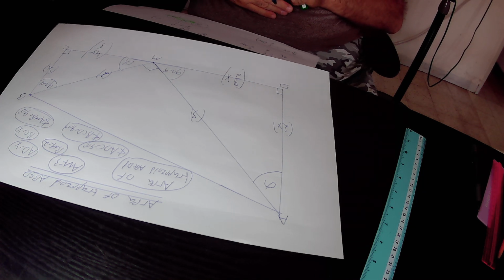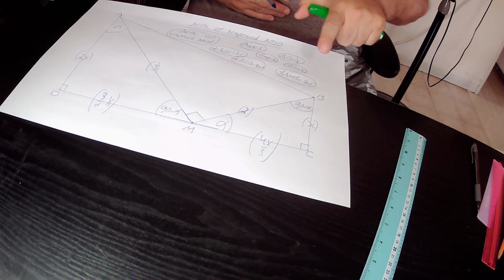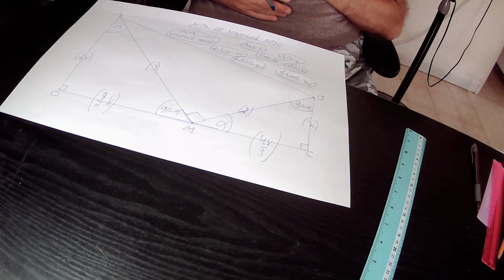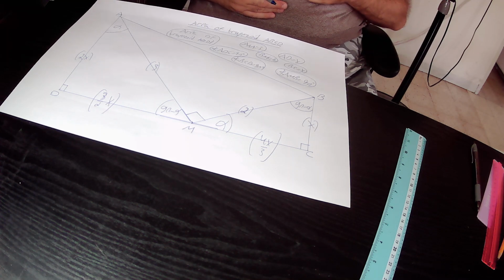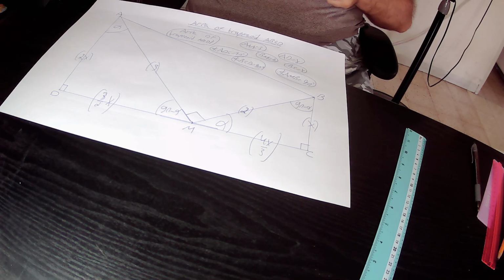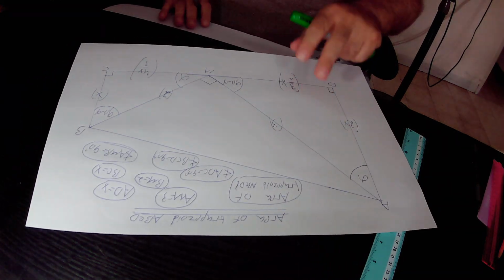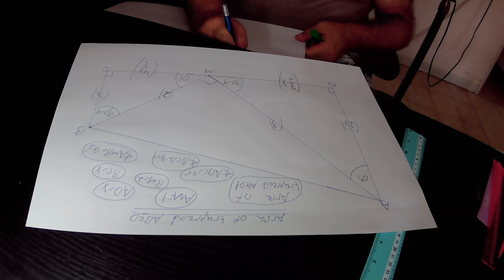In the next step, we'll implement the Pythagoras theorem on this white small triangle BMC. So I copy this white small triangle in a new page and we'll implement the Pythagoras theorem on this white triangle BMC. Here PT is the abbreviation for Pythagoras theorem.